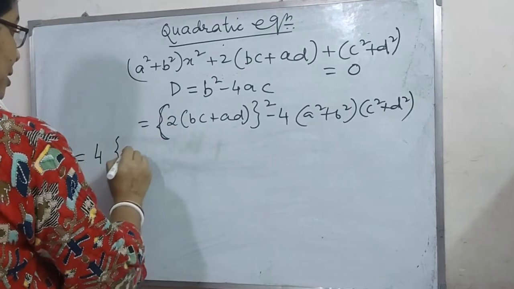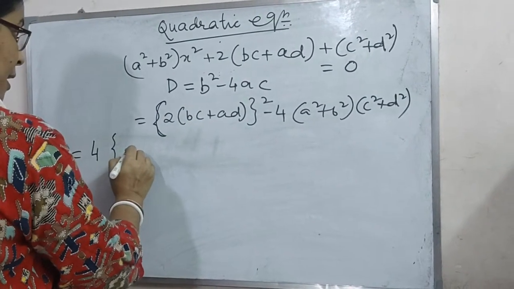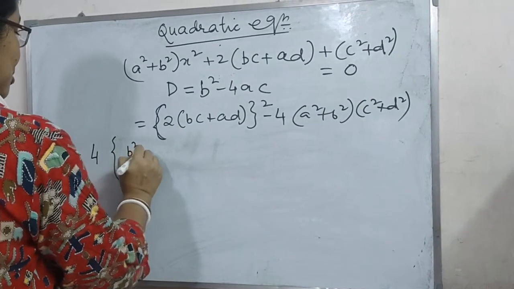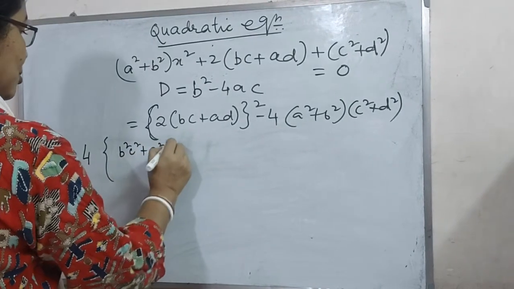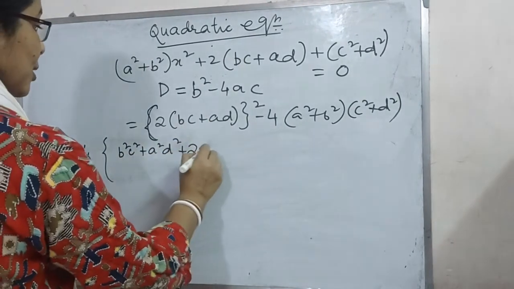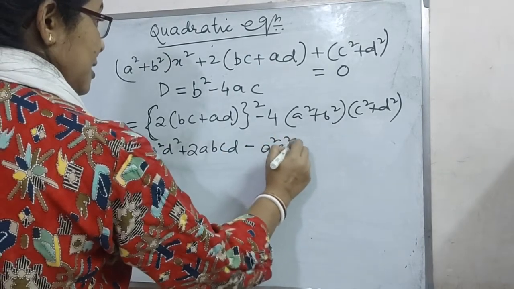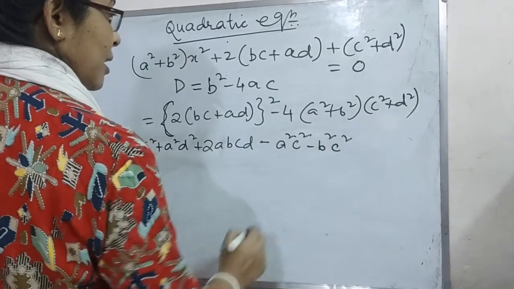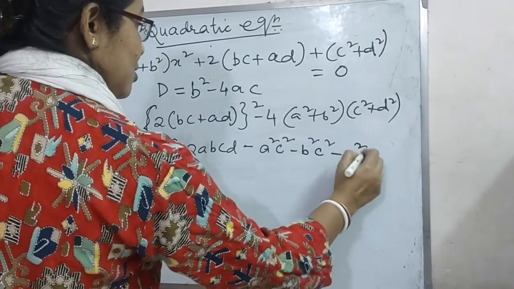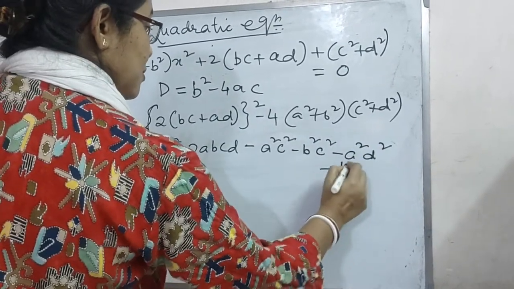So I can write it in this way: b²c² + a²d² + (a + b) whole square 2abcd − a²c² − b²c² − a²d² − b²d².